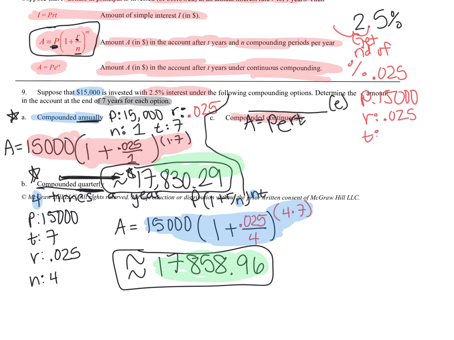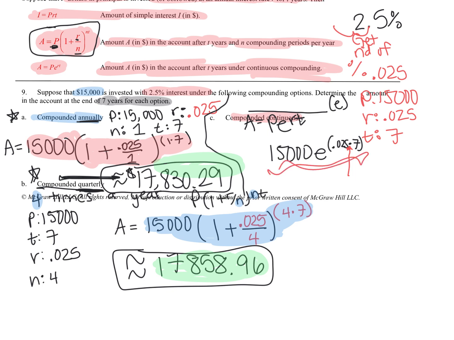And then my T is 7. So I'm going to have 15,000 times e raised to the r times t.